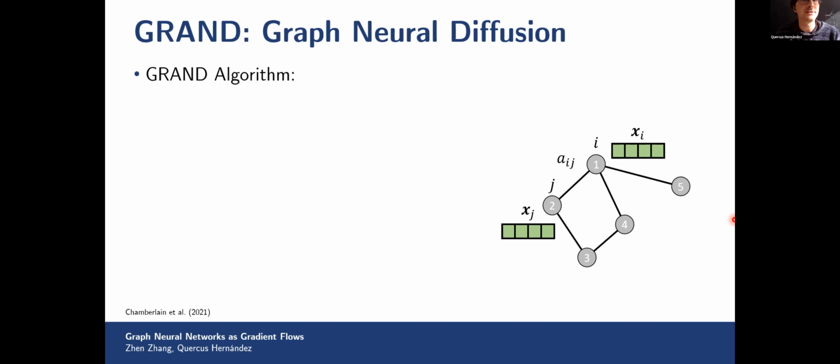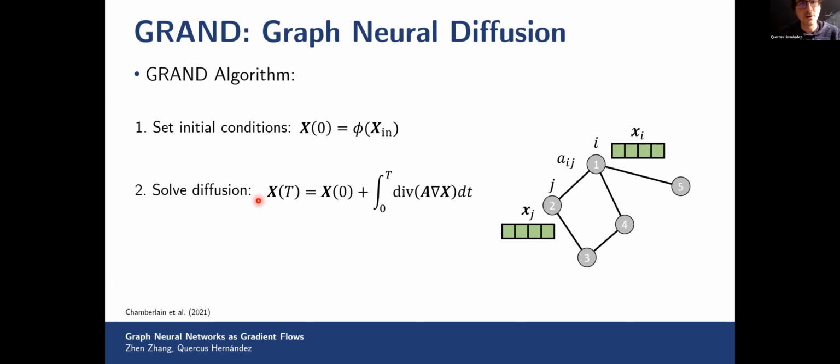Okay, so let's recall the GRAND algorithm. You first set the initial conditions: you have the input features, and you embed them into a latent space with this probably nonlinear function, and you get the starting position of your diffusion equation. Then you solve it, and you get the evolution of the features at time equals capital T, that is the initial conditions plus the integration.